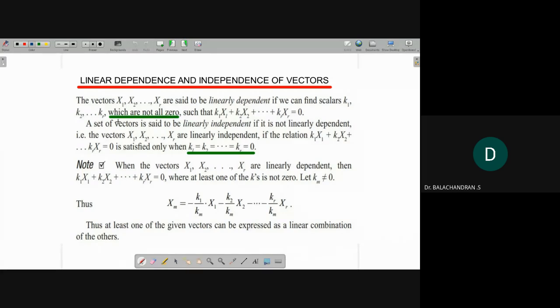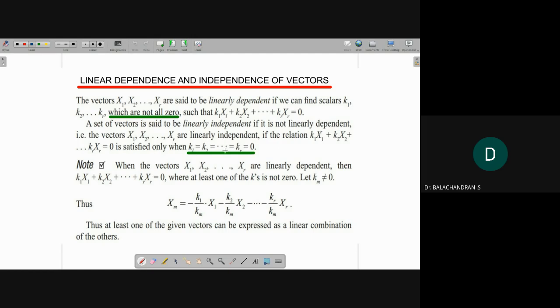So then we say that x1, x2, xr are linearly dependent. Next definition, linearly independent. A set of vectors is said to be linearly independent if it is not linearly dependent. Or you can say the vectors are linearly independent if the relation is satisfied only when all the ki's, that is k1, k2, kr, are equal to 0.